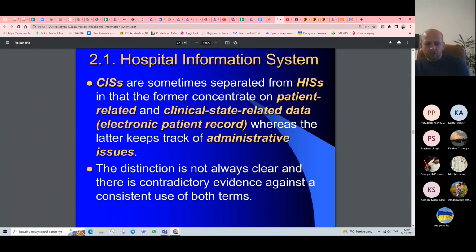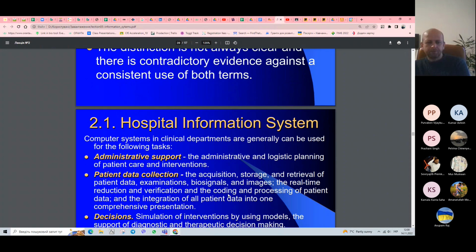The distinction is not always clear, and there is contradictory evidence against a consistent use of both terms.